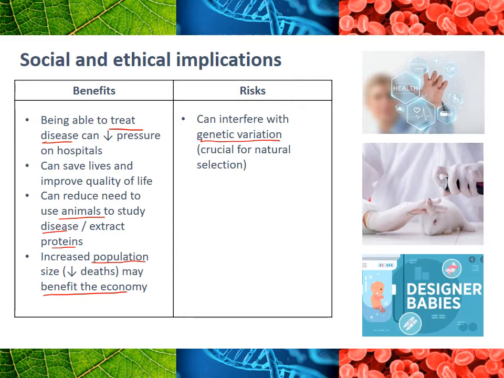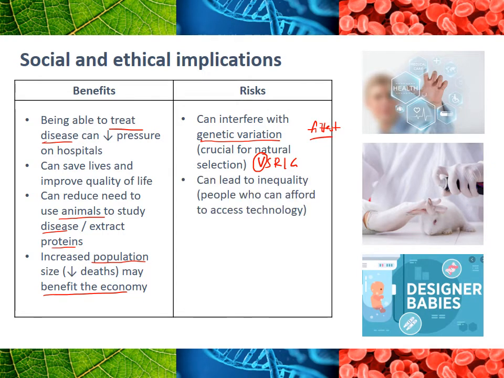And if you remember back to natural selection, if we go through our steps of natural selection, the first step is variation. We need high genetic variation for natural selection to continue to occur and to make sure that we always have the fittest by having this variation. So there's the risk that by interfering with that, we're decreasing that variation.